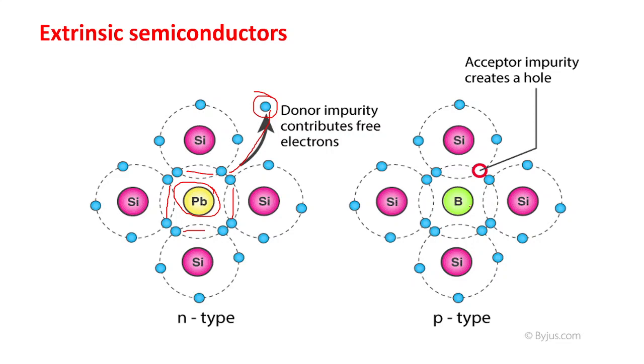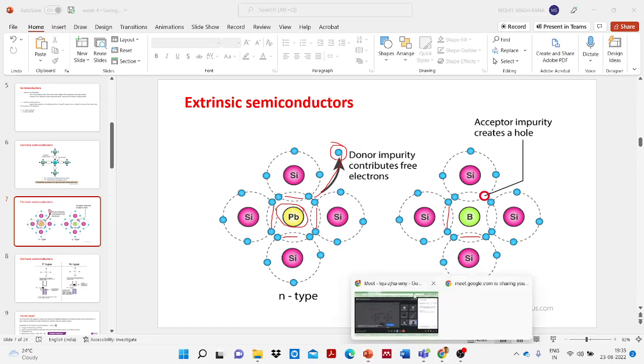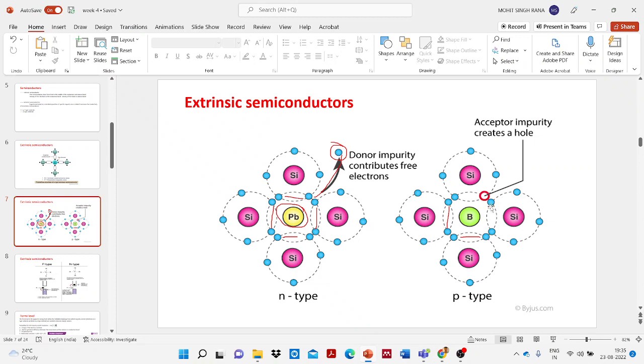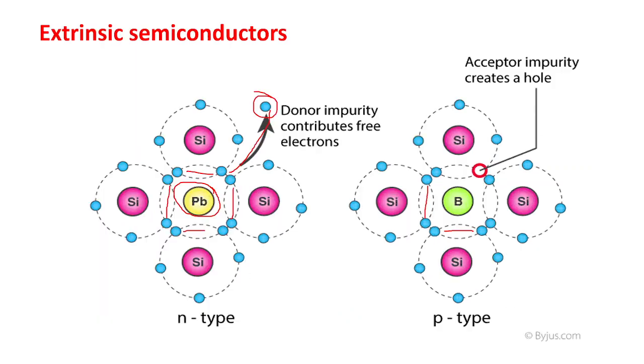So one of them will make a covalent bond with this silicon, another with this silicon element, and the third one with the silicon element. But now one silicon element is left free, so this way we create an extra hole here.